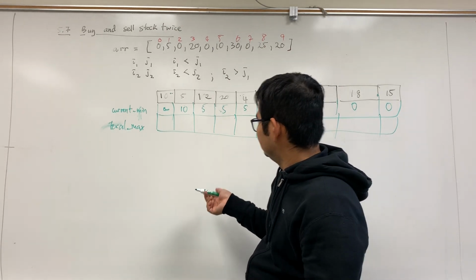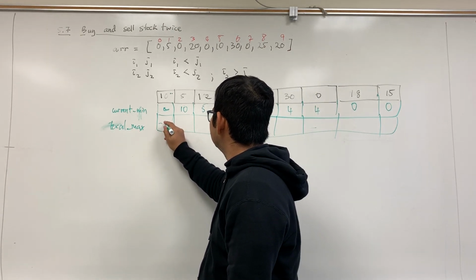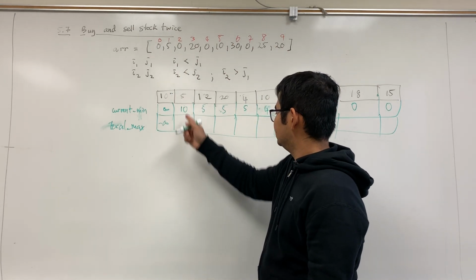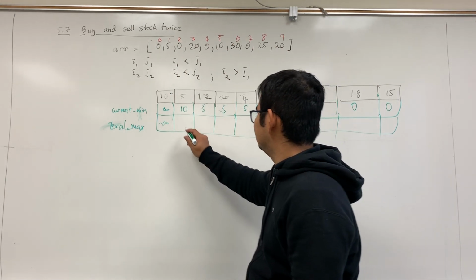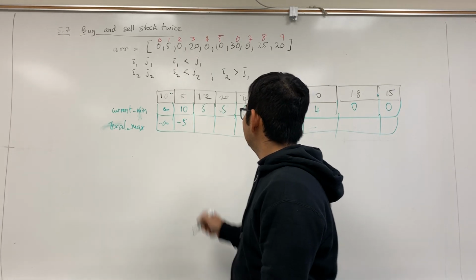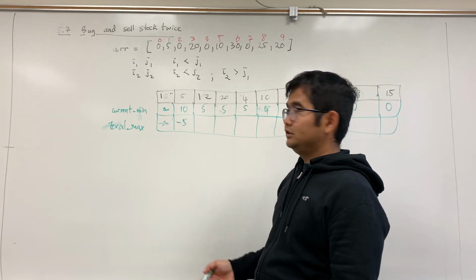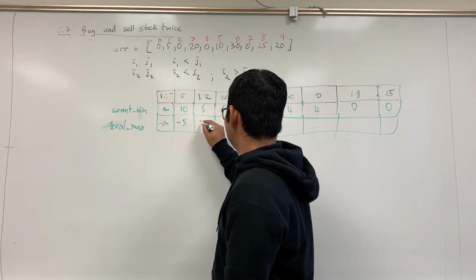So 10 minus infinity, we get negative infinity right here. Over here, 5 minus 10, we get negative 5. 12 minus 5, we get 7.